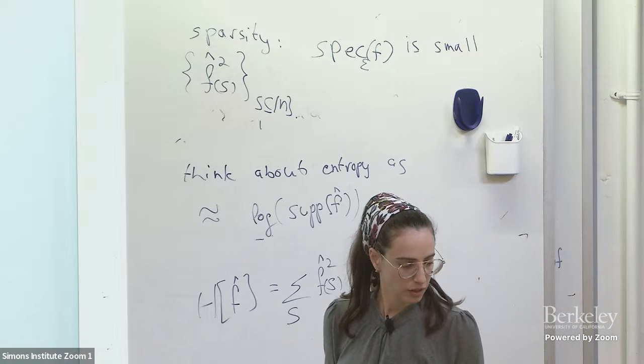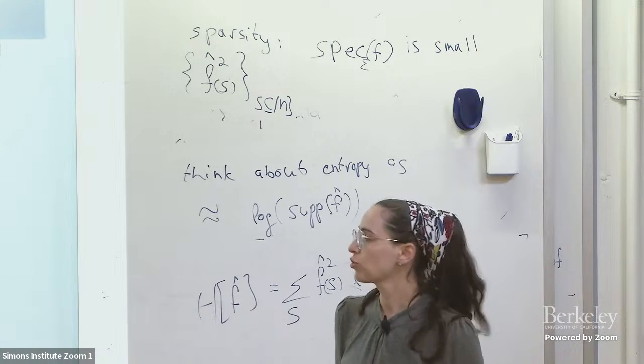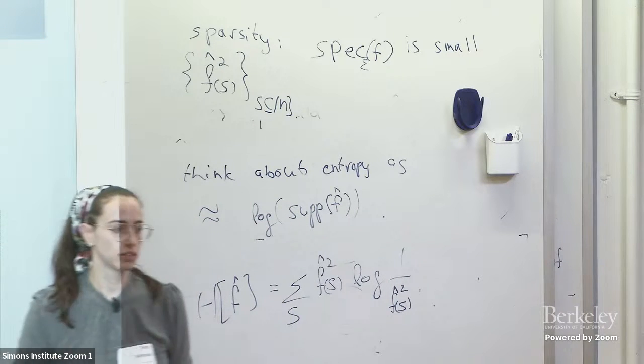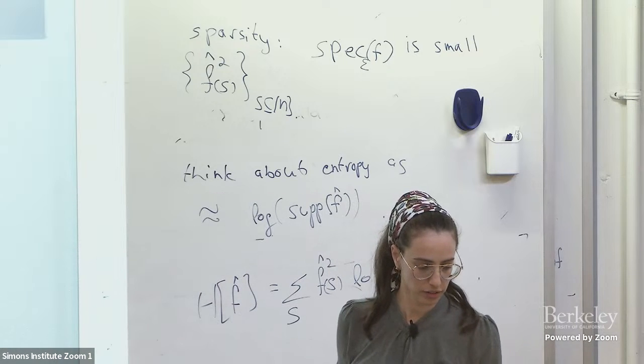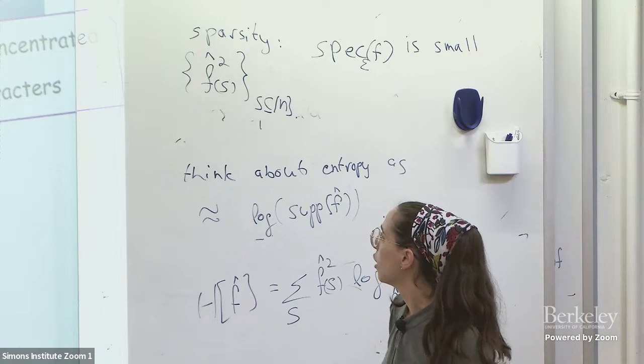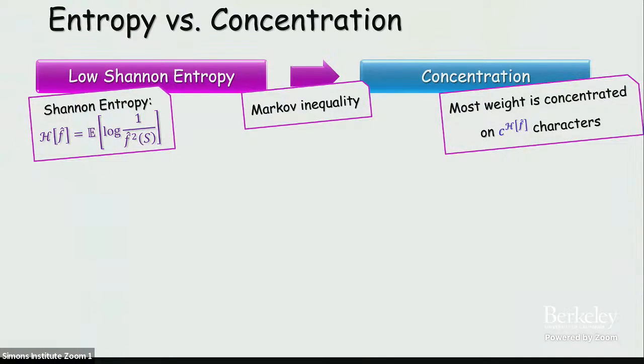And if we know that the Shannon entropy is small, then we can very easily say that it's also concentrated. Just use a very simple Markov inequality to show that the large ones can only occur with very small probability. So the probability is small, and this is exactly the L2 norm difference. So we can just remove all the small ones.